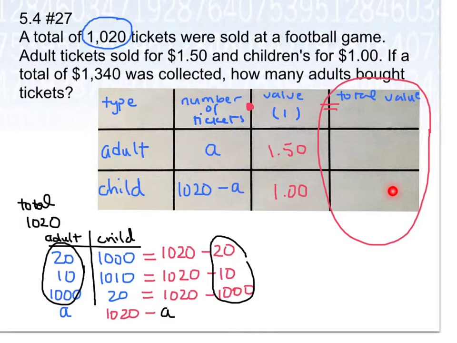And how these problems always work is you're always going to multiply the number of tickets times the value of a single one to get the expressions for the total value column.